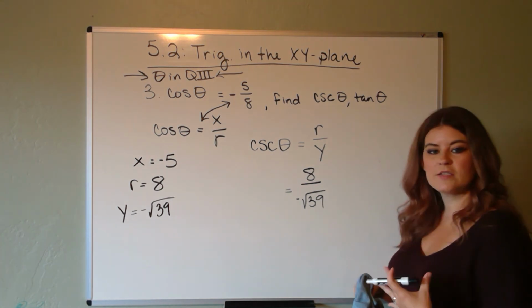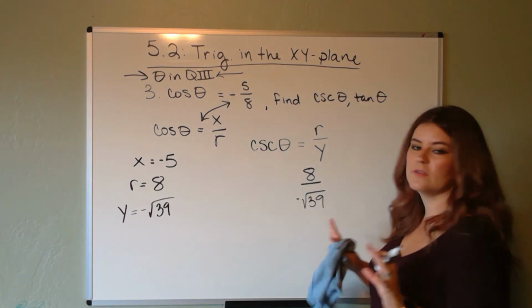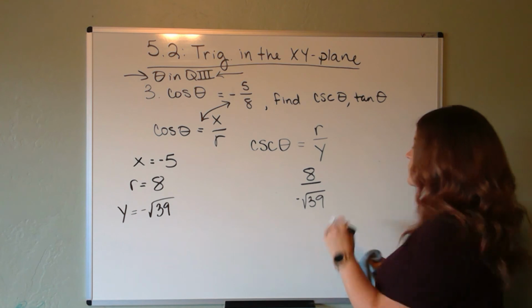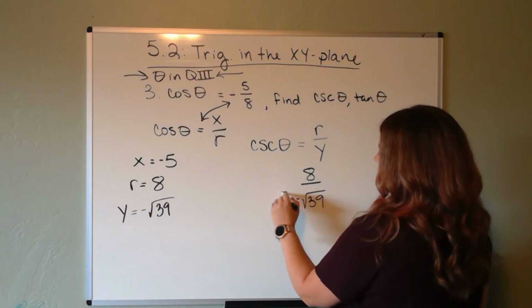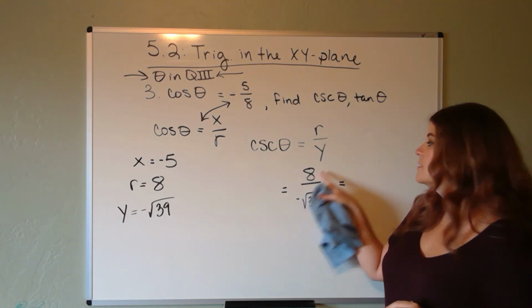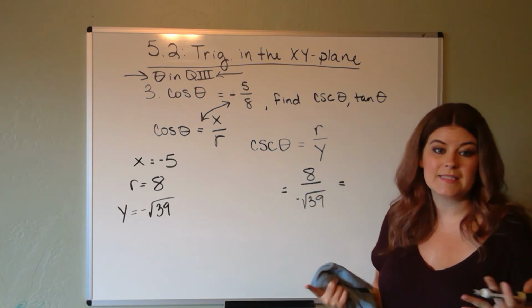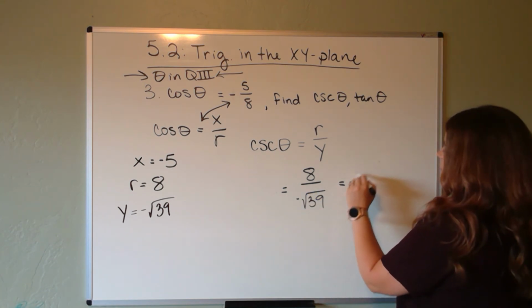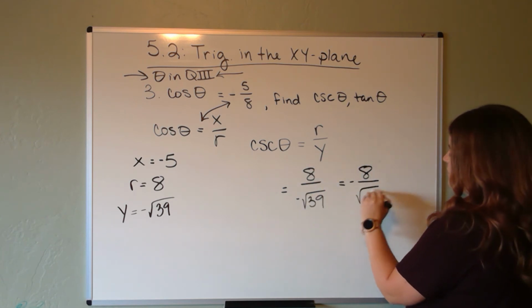Now, before you rationalize this one, just to get rid of any confusion when we're multiplying the top and bottom, let's put the negative out in front. This is positive on top, negative on bottom, so this fraction is negative. Another way to write this is negative 8 over root 39.